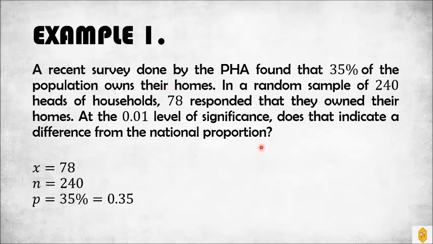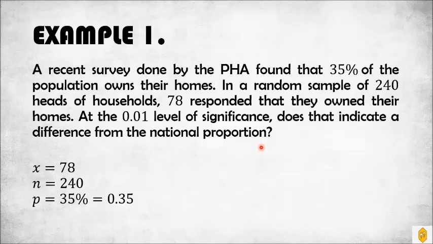Okay? Kapag merong direction na given sa ating problem, it is called a one-tailed test. And pipili tayo whether to the left or to the right. Meron tayong right-tailed test and meron din tayong left-tailed test.